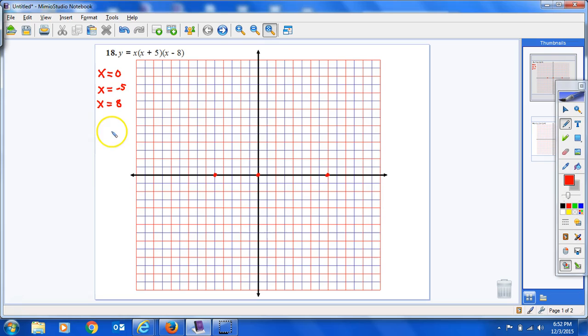So let's see, we got -2.5 for x times -2.5 plus 5 times -2.5 minus 8. Okay, so get your calculator and multiply that out.